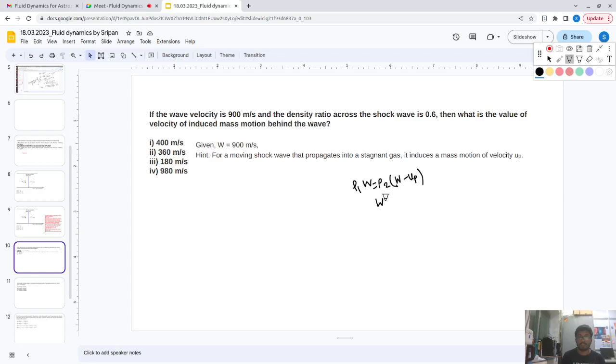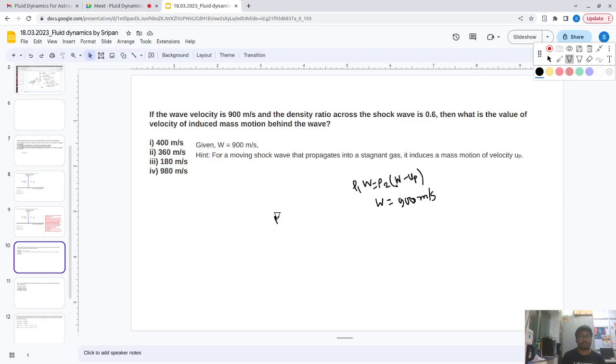Your shock speed is given to be 900 meters per second, and the density ratio across the shock wave is 0.6.